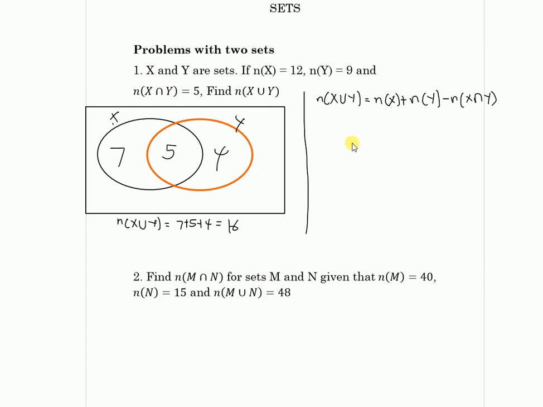It is a formula which you need to take note of, because there are many problems that can be solved using it. Number of elements in x is 12, in y is 9, and the intersection is 5. When I add, this is 21 minus 5, still 16 as before.